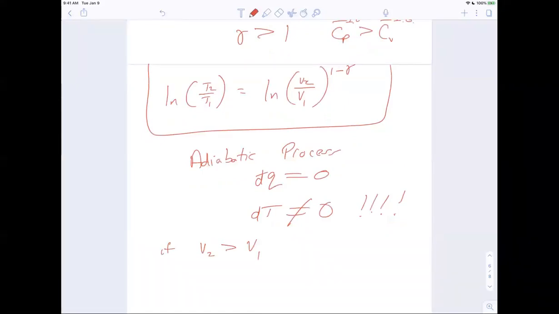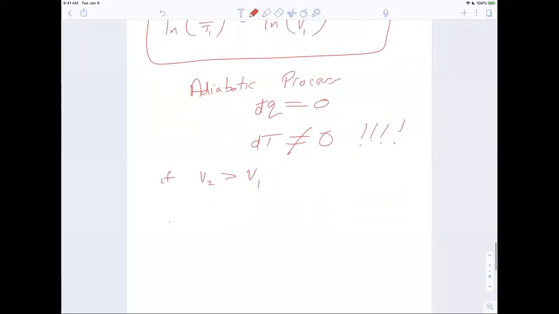So if V2 is greater than V1, this is our relationship. We know that gamma is greater than 1, so the exponent is going to be negative. Okay, so V2 over V1 is going to have an exponent that is negative. And when you have something that's raised to a negative, what does that mean? You're going to flip the argument.